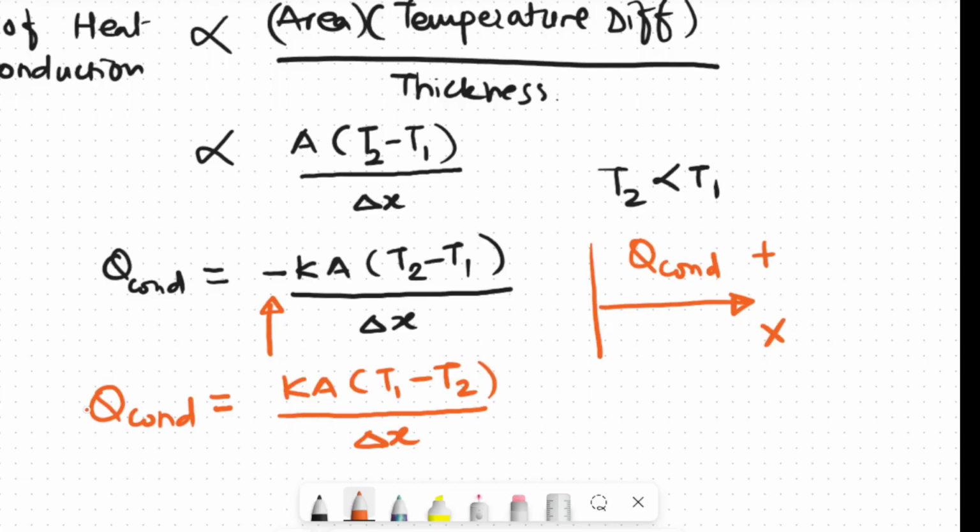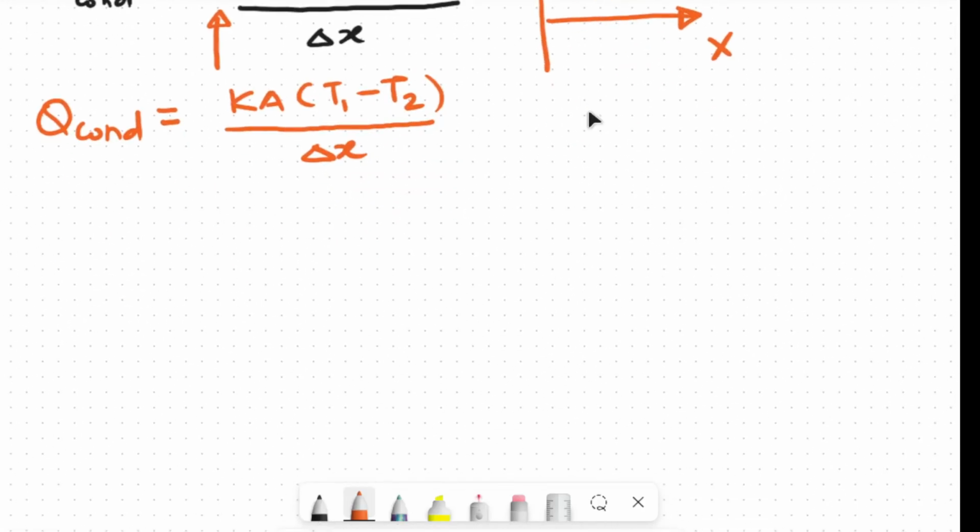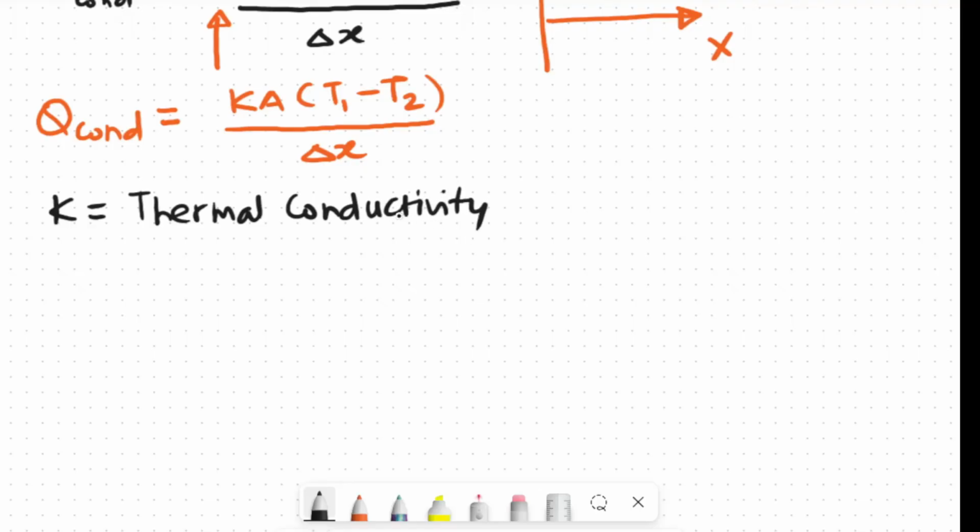Now friends, understand that this K, which we added, is called the thermal conductivity. Now this K can be defined as the measure of the ability of the material to conduct heat.